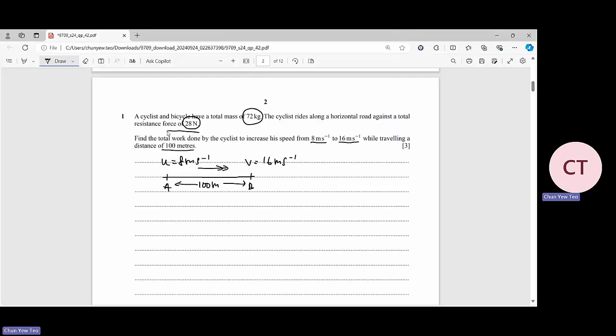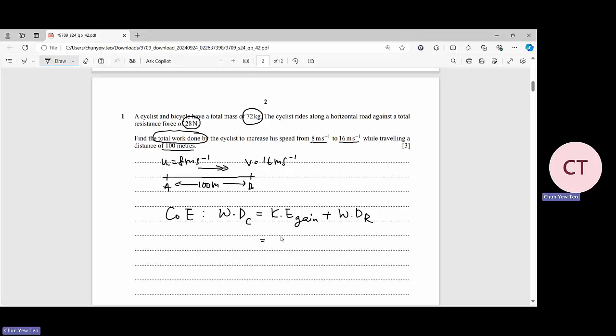Since they mentioned to find the total work done, we have the conservation of energy. We have the work done by the cyclist is equal to the KE gain plus the work done by the resistance.